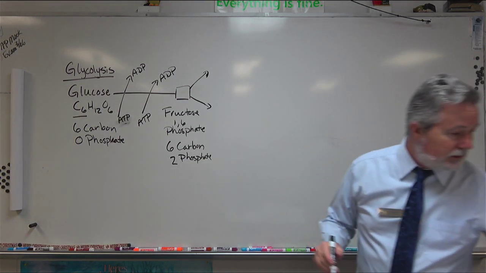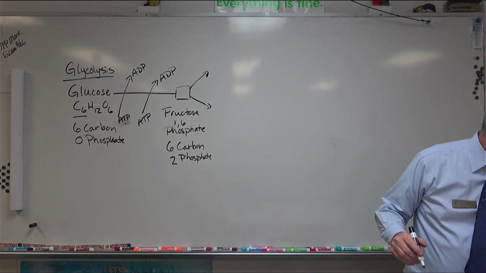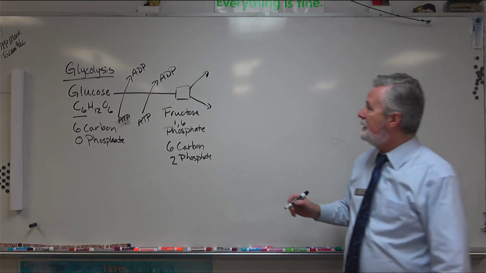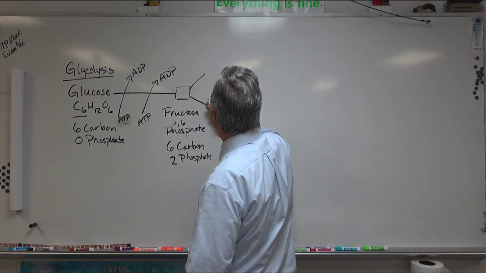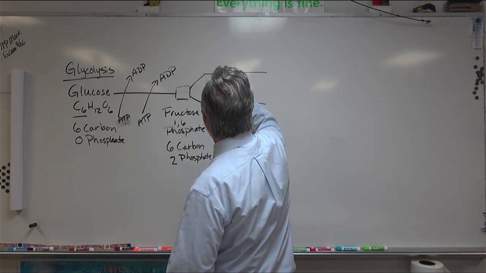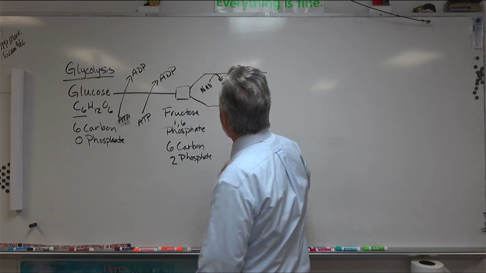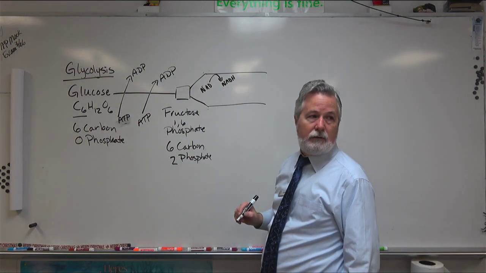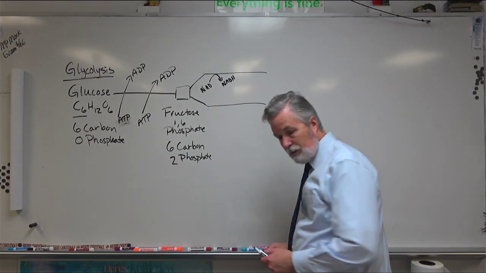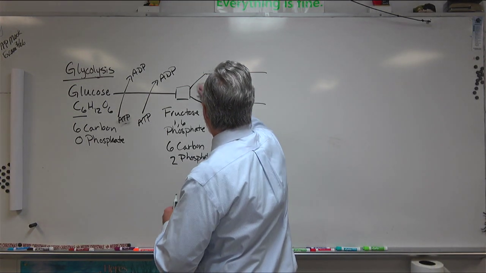All right, so the next thing that happens when you look on your sheet here is we have this NAD going to NADH. Now, are you okay if I just write it this way? You have it like this on your sheet. I would like to write it a little differently, and it just saves space for me, but it's the same thing.